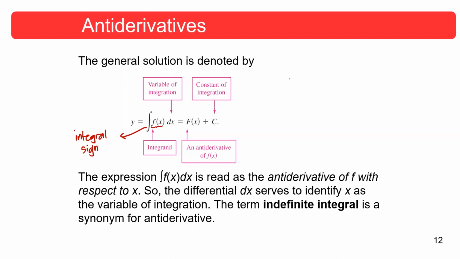Now, for example, I write here, y is the integral from a up to b of f of x dx. What you have here, b and a. a is the lower limit, b is the upper limit, or lower and upper bounds. So they are called the limits.